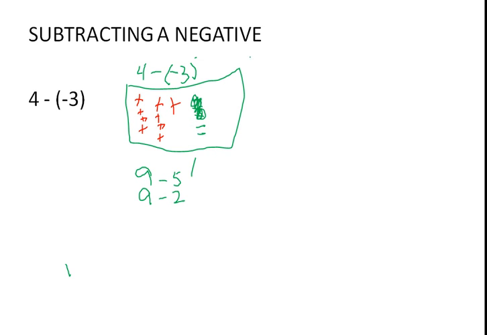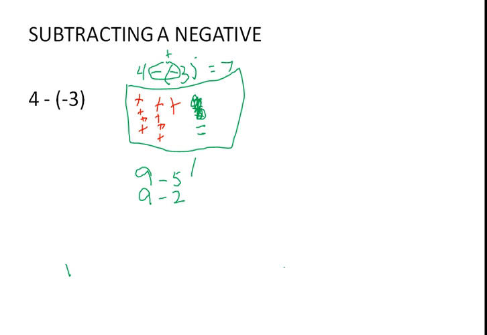So 9 minus 2. The value of this box has changed to 7. So by taking out 3 negatives, it made it increase by 3. So if we subtract a negative, it's the same thing as adding. So 4 plus 3 is 7. To remove 3 negatives is the same thing as adding 3. It's the same effect.